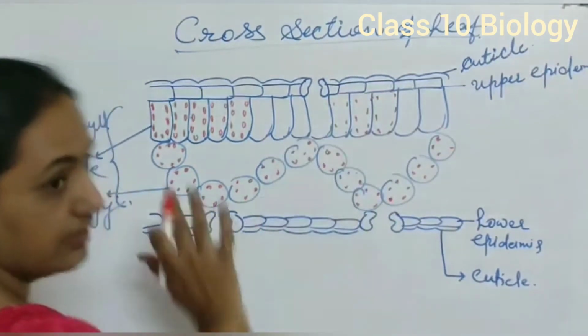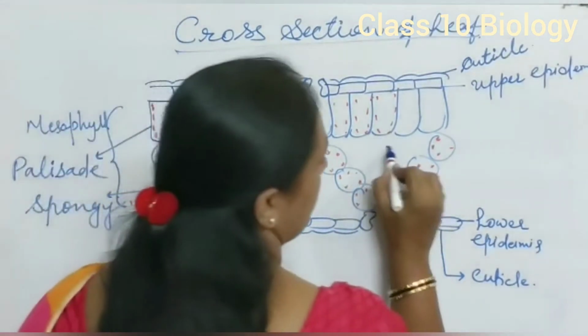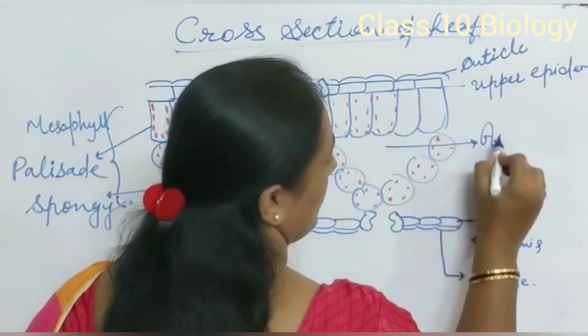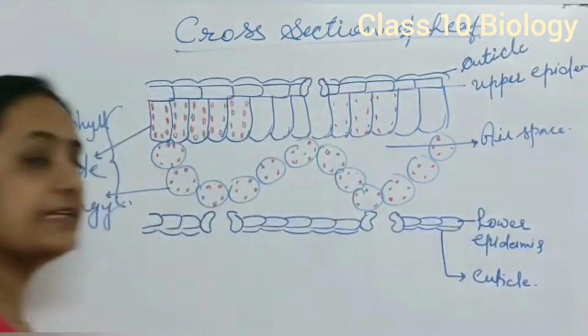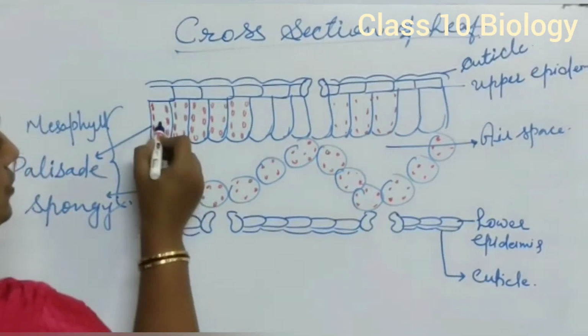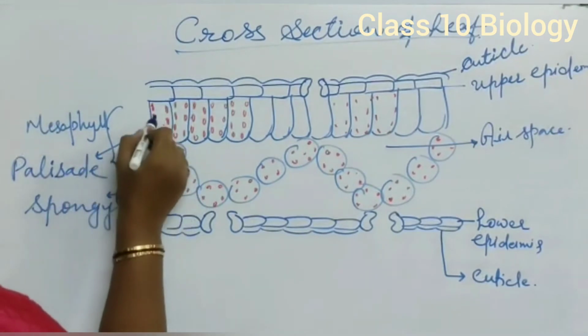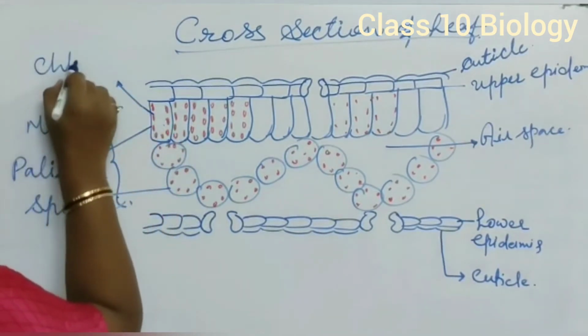In this way, all the cells are filled with chloroplast. As we said, chloroplast is the major site for the process of photosynthesis. So mesophyll cell, or this chloroplast, is the site of photosynthesis.